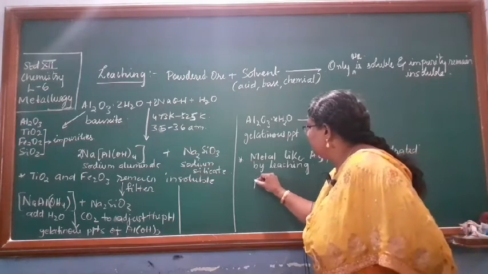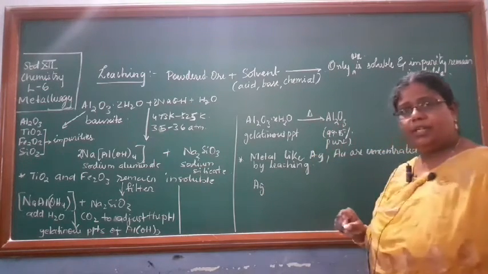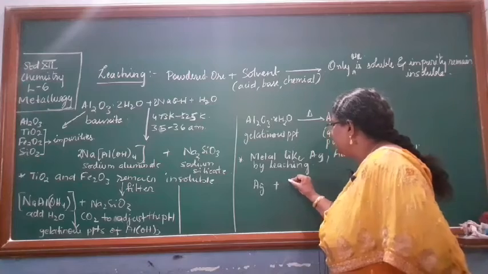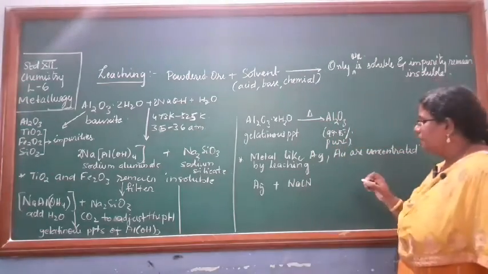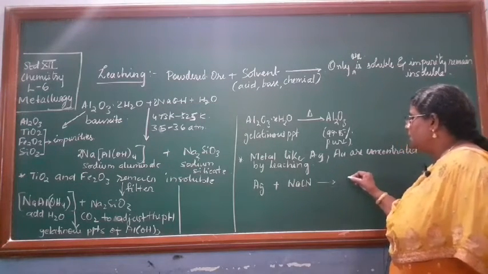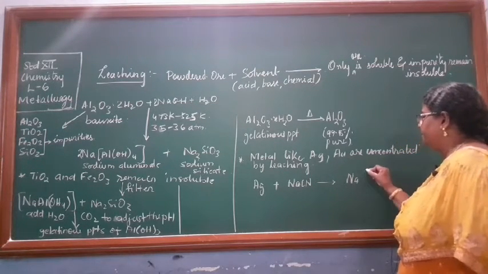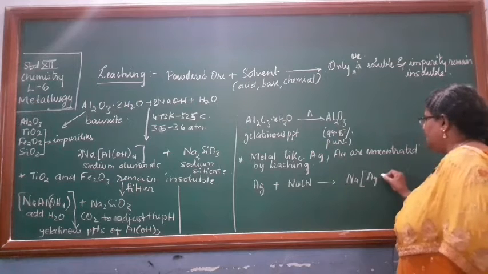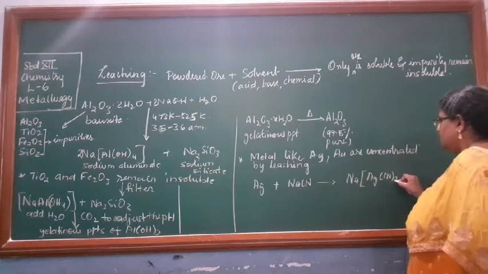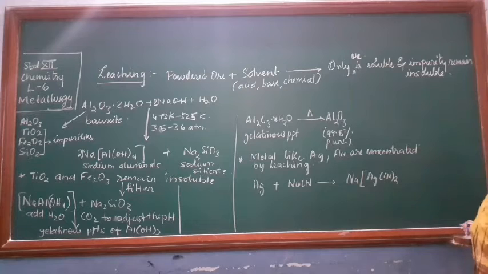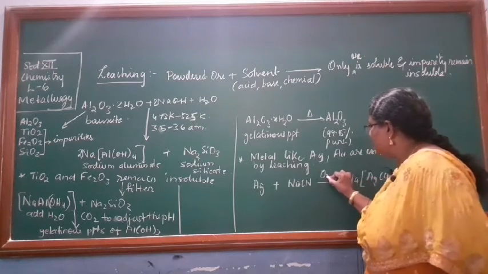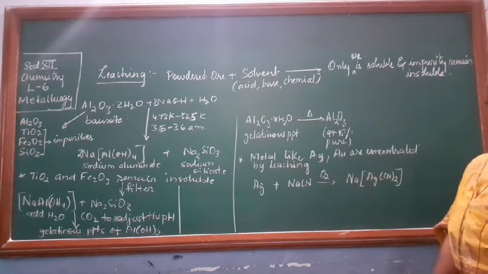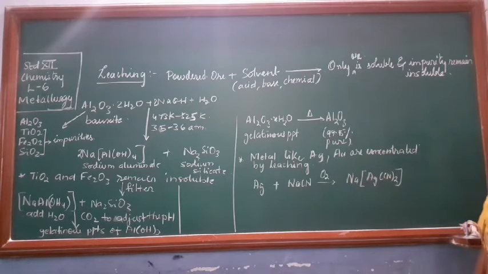Say for example, if you are taking Ag, you are treating it with NaCN, sodium cyanide, and it forms a complex, Na[Ag(CN)2]. Along with it you are passing O2 also, which is the oxidizing agent. So a complex will be formed.